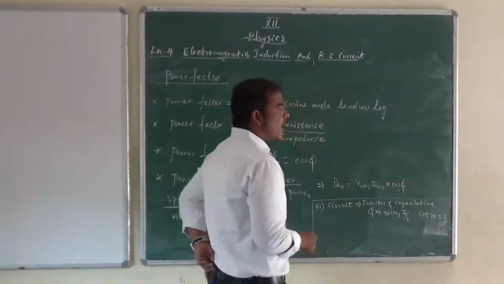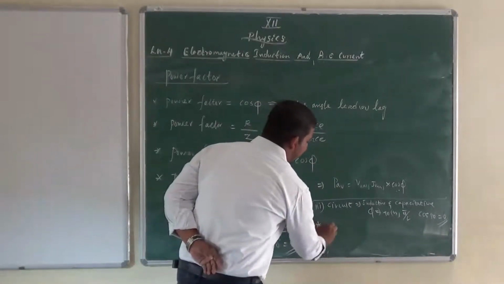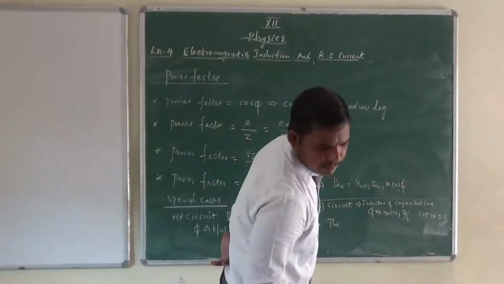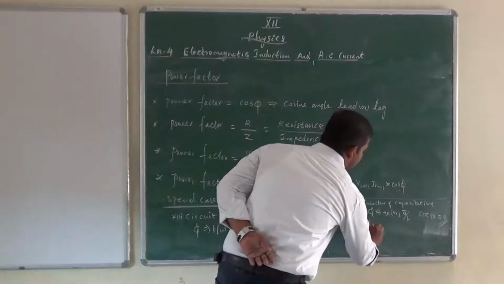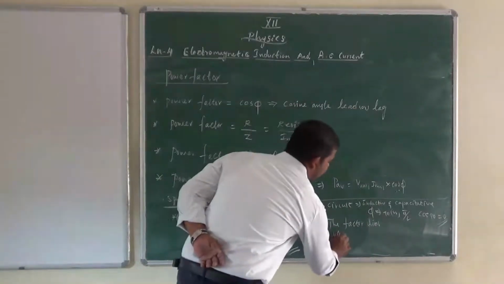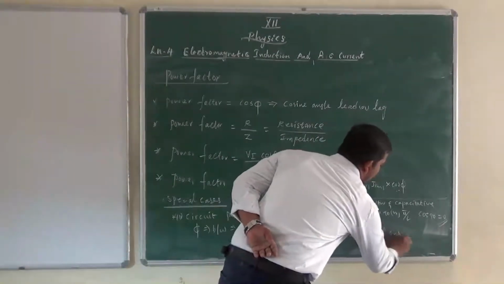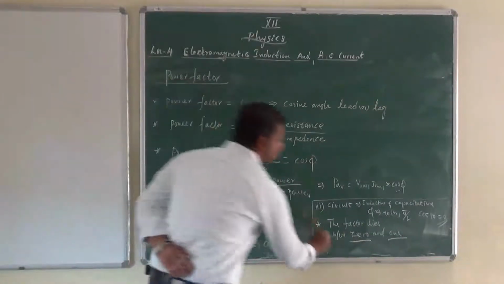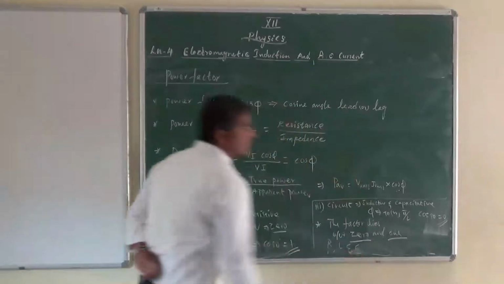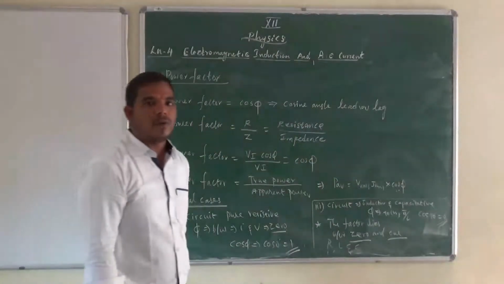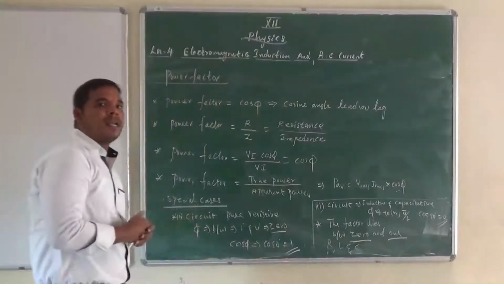The circuit having RLC proportions: finally, the power factor value lies between 0 and 1. What we want to calculate is the resistor, inductor, and capacitance proportion. We can calculate that.